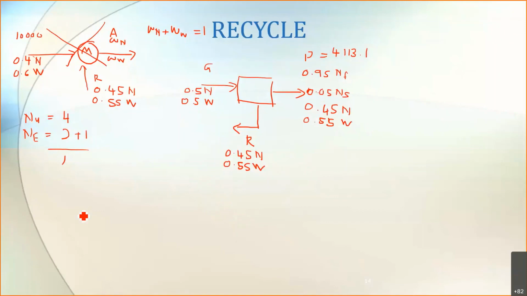So let's say we do the balance on overall. G is going to be equal to, I have one input and two outputs, so G is equal to P, which is 4113.1, plus the value of R. Okay, so this is my balance of overall system.